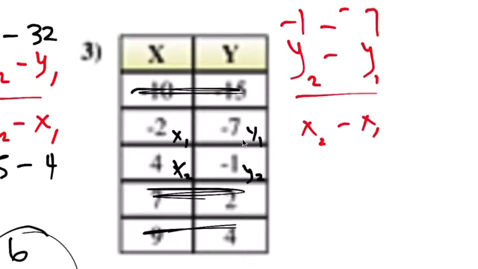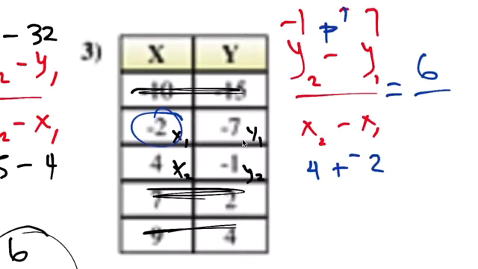Okay, it's double minus, plus. You get 6 over x sub 2, 4 minus a negative 2, add, it's 6. Or just 1 whole. Okay, that's your answer.